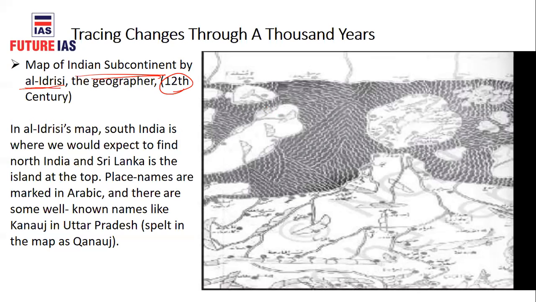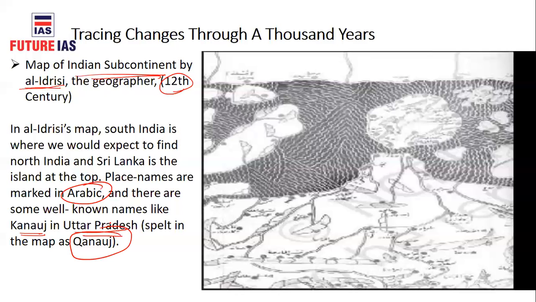South India is expected to be found in the south, and the places are named in the Arabic language, which was also used. For example, Kannauj, which is located in the state of Uttar Pradesh, is spelled in Arabic and was also mentioned in this map.